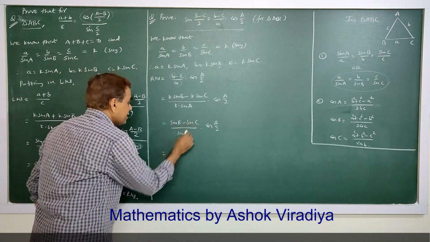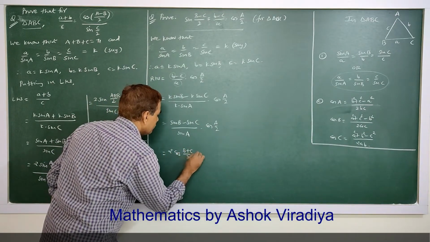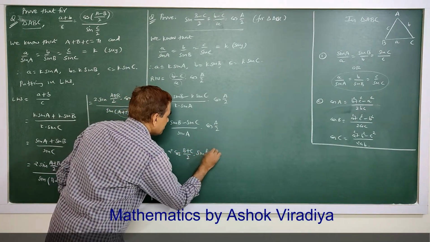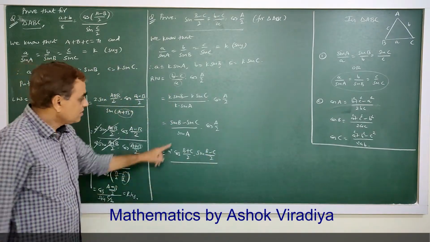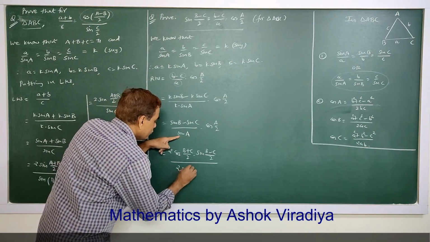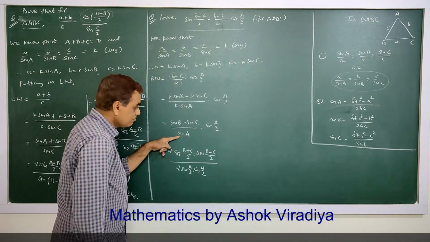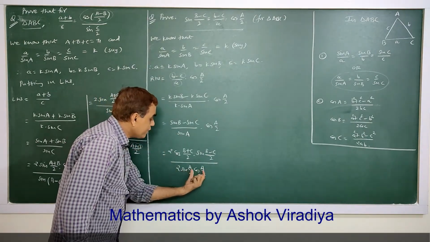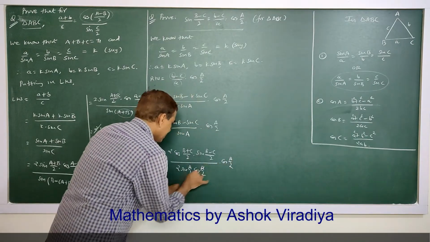Now sine B minus sine C is 2 cos (B plus C) by 2 sine (B minus C) by 2, upon sine A, which I am putting as 2 sine A by 2 into cos A by 2, because if I put 2 sine A by 2 into cos A by 2, then this cos A by 2, which is given, will be cancelled.